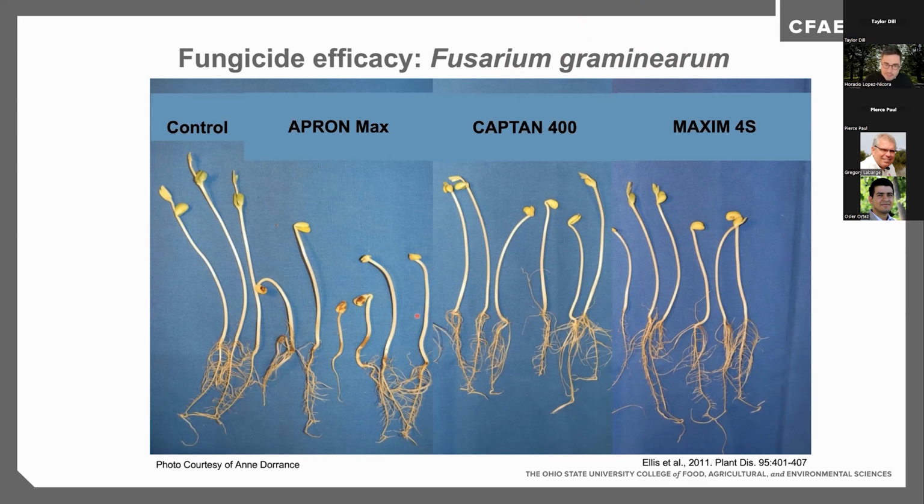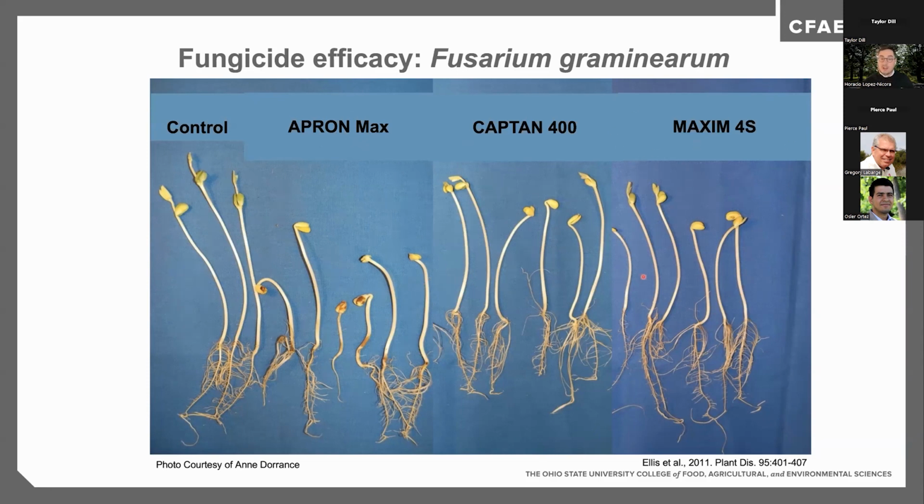So all of these seedlings were exposed to Fusarium graminearum and a fungicide that can control true fungi, Maxim, another fungicide with another active ingredient that can control and manage true fungi, and one that is specific for water mold, for Phytophthora and Pythium, Apron.